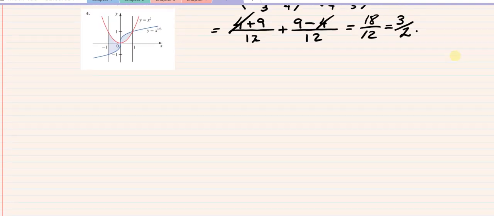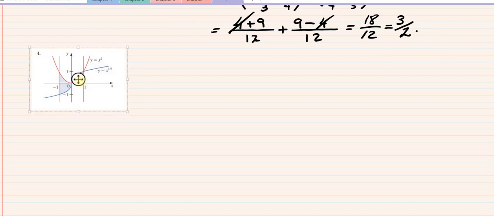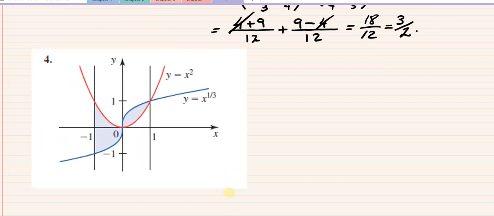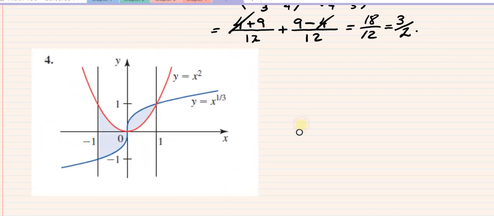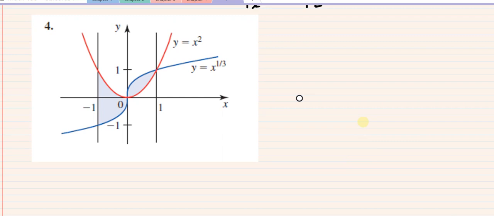So I'm just going to set this one up. Okay, we're going to set this up using horizontal rectangles. But we won't actually finish it because it will take longer to do this one. And sometimes, even though we set it up, we may not even be able to actually integrate it because the integrand doesn't have a closed form, so we have to approximate, do numerical integration. But let's do this piece right here.